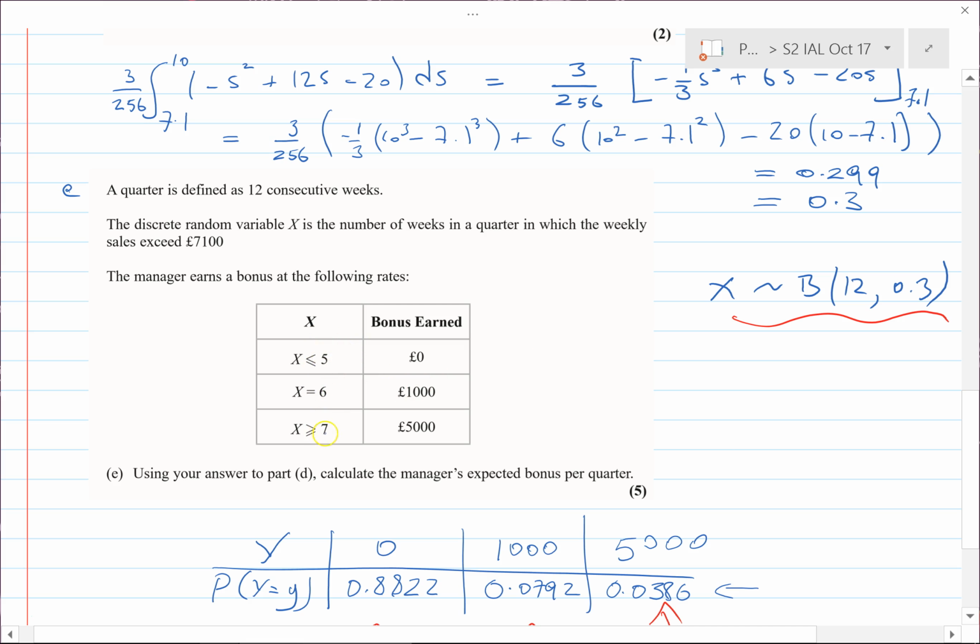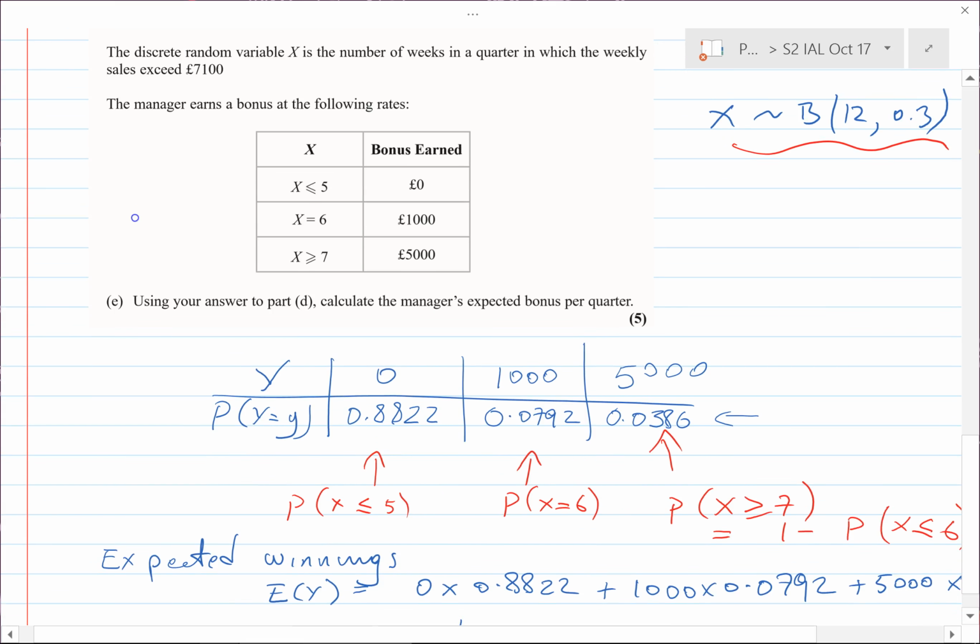It's kind of set up this other function really, saying that if there's 5 times or fewer when they exceed, then no bonus is earned. If there's exactly 6 times when the sales exceed that much, £1,000 is earned. And if there's greater than or equal to 7, £5,000 is earned.